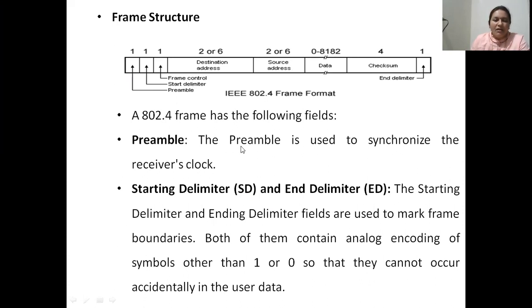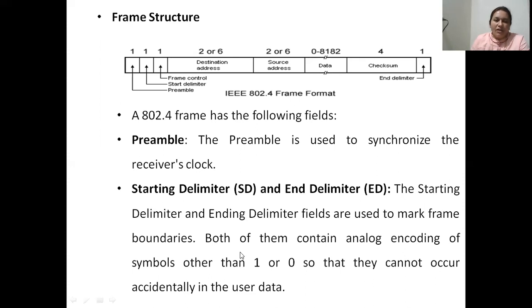The preamble is used to synchronize the clock of the sender with that of the receiver, so that they send and receive data at the same speed, and one won't overload the buffers of the other. The starting delimiter and ending delimiter are used to mark the frame boundaries, the beginning and end of the frame.